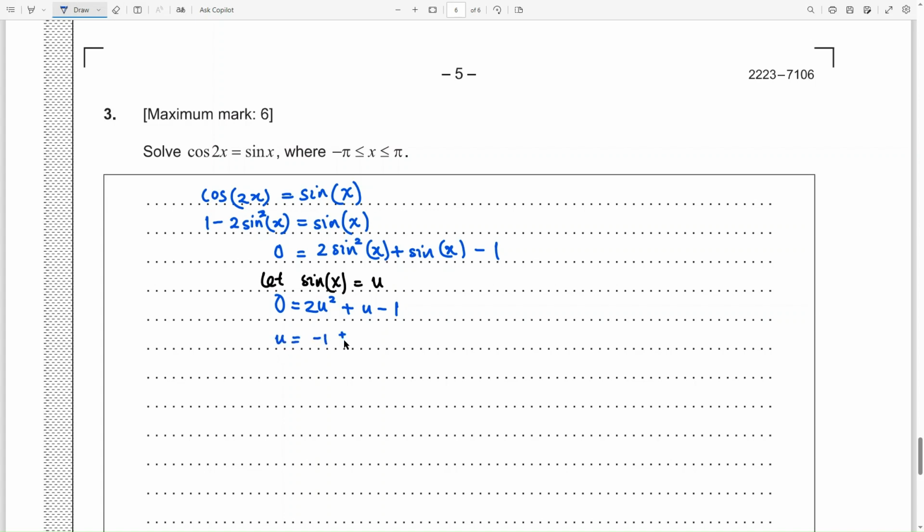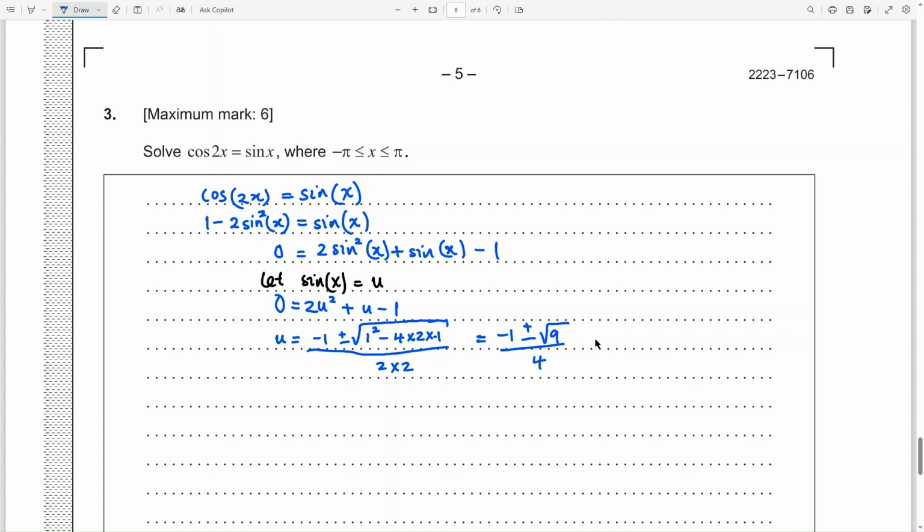Negative 1 plus or minus the square root of b squared, which is 1 squared, minus 4 times a, which is 2, times c, which is negative 1, divided by 2 times a, which is 2 times 2. So that gives me negative 1 plus or minus the square root of 9 over 4.